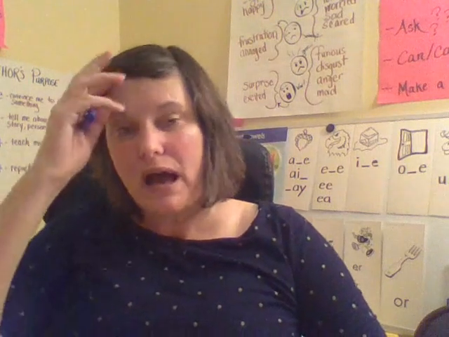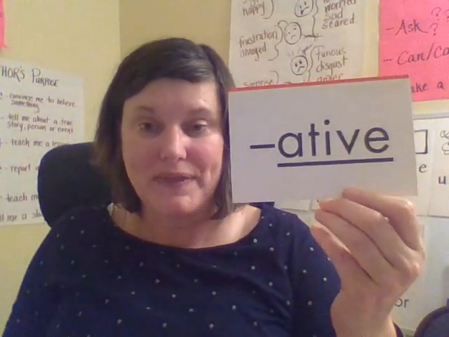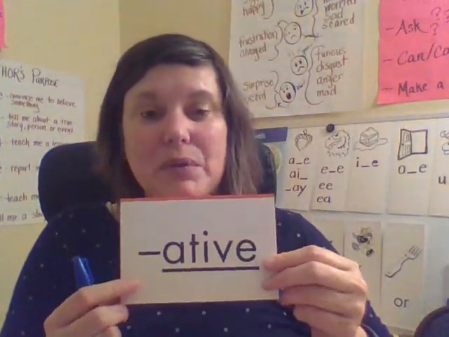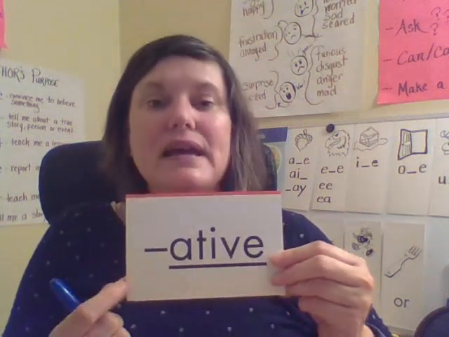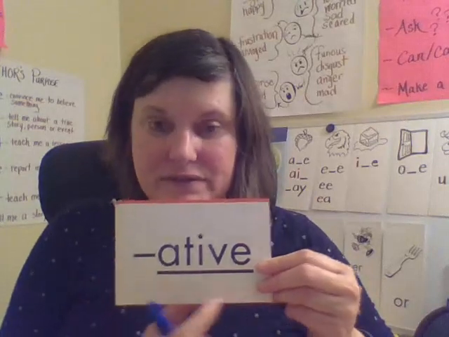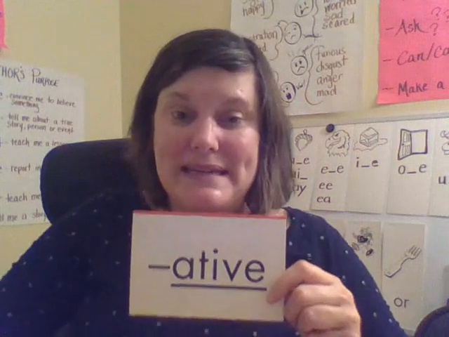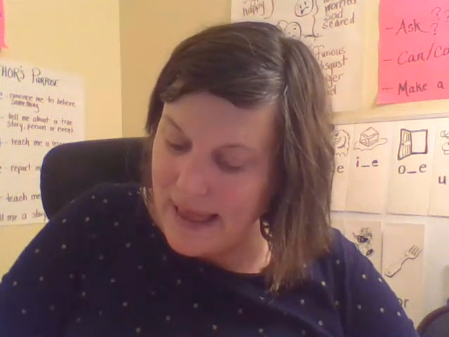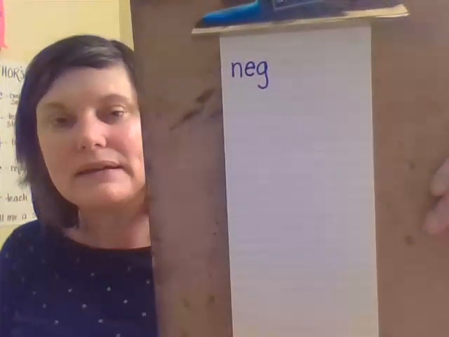Negative. So negative, I hear the ative sight syllable at the end. So let's break this apart and figure out what comes before ative. Negative. So we need to first spell neg. I hear a short E. Neg. So there's neg.